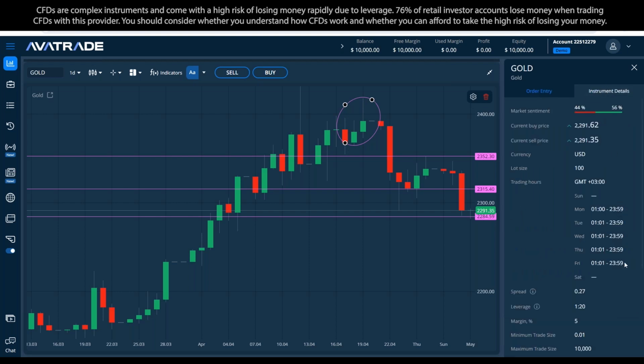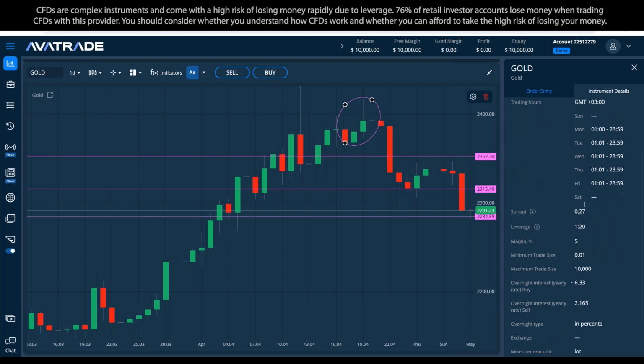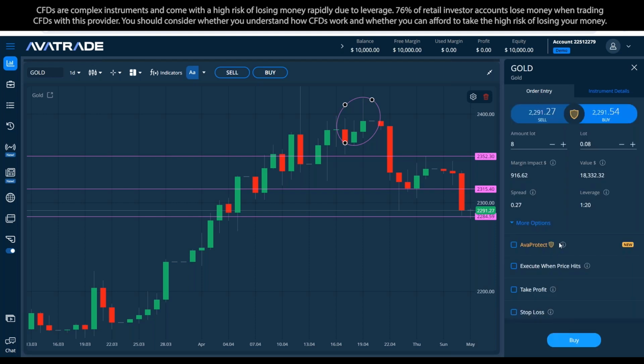Now this tab offers me the information such as which time I can trade the asset, what is the lot size of the asset, the spread, the leverage, how much margin I need out of the value of the position, the overnight fee. Okay, and in here I can execute the position as we saw, and I can modify that, which we are going to do in a minute.